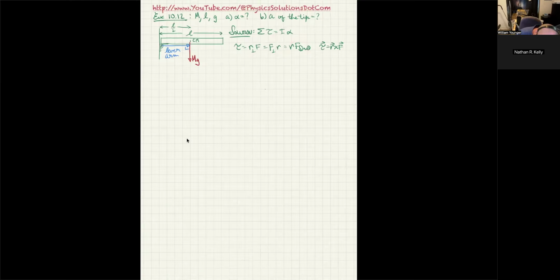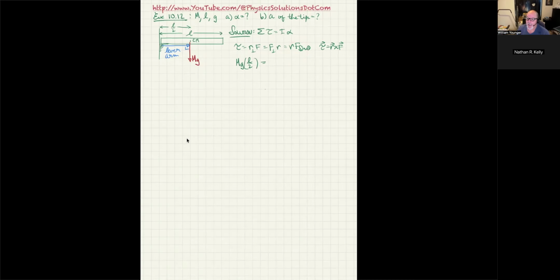So this times this, and R this times this, all give just F times R. Okay, so with that in mind, we can go ahead and say the only torque acting on this is going to be the force mg times the lever arm, which, notice, the distance from the pin to the center of mass is L over 2. So we're going to say M times G is the force and L over 2 is the lever arm. And that's equal to the moment of inertia of the rod times alpha.